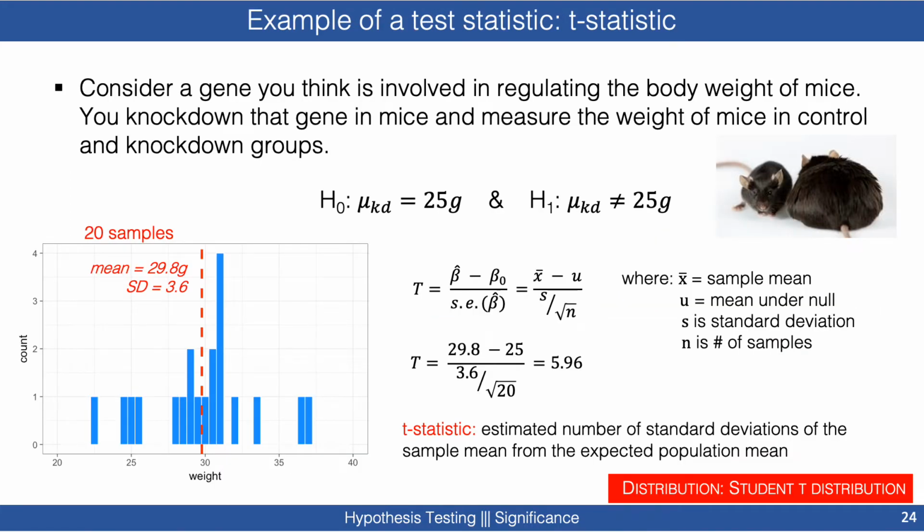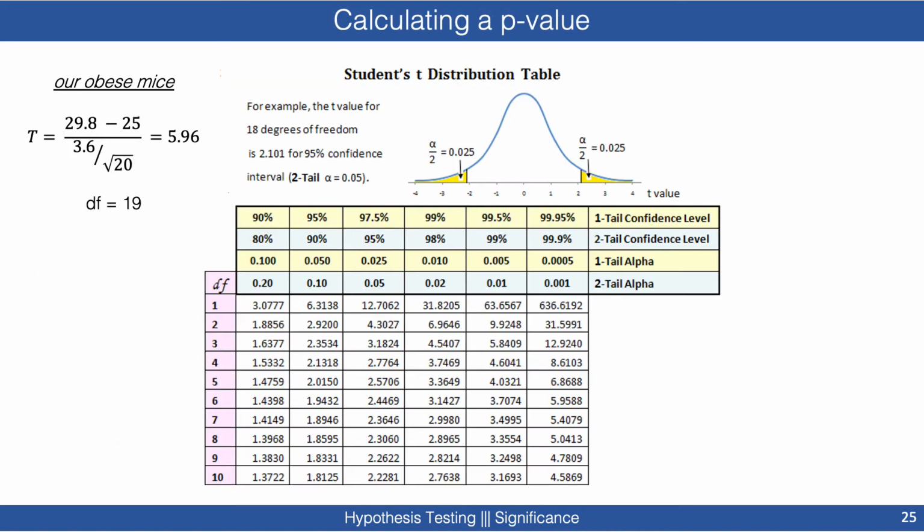So going back to our example where we computed the t statistic to be 5.96, we wonder now whether that value exceeds the significance threshold, say 5%. So to compute the significance of our t-statistic value of 5.96, we want to compute that area under the curve of the t distribution for 19 degrees of freedom.